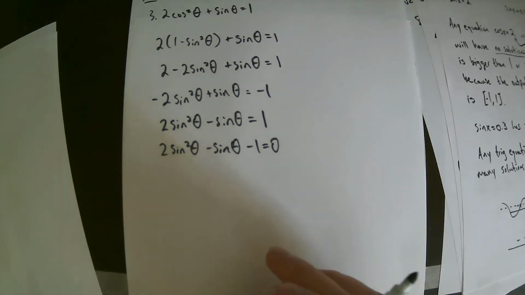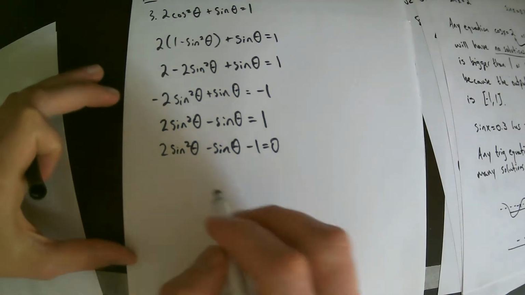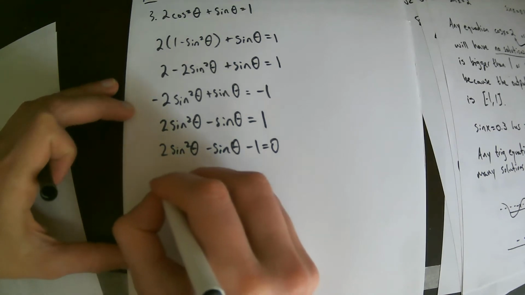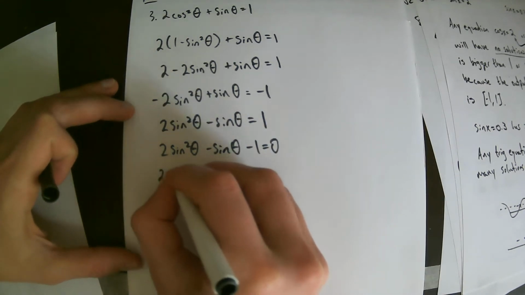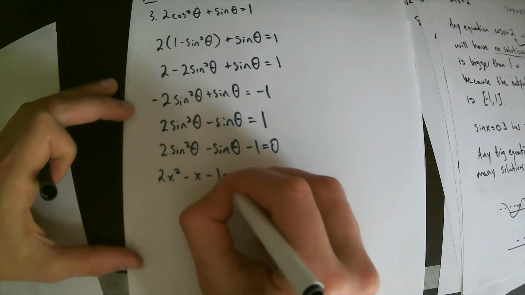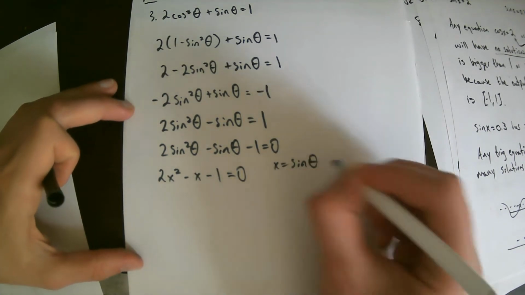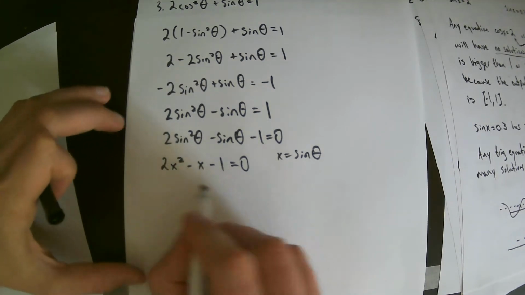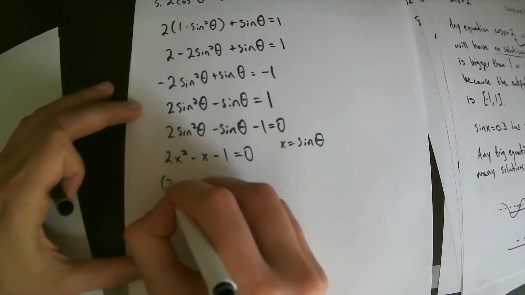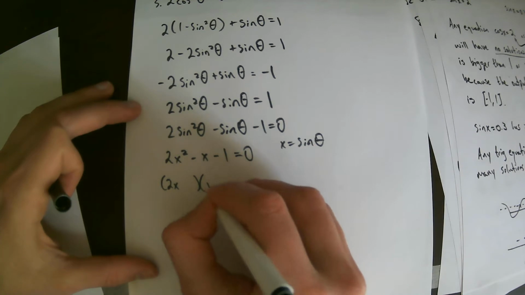Now we need to try to factor this. Well, I could write it in terms of x if that makes it seem easier, so just letting x equal sine theta here. And now I need to factor this somehow, so I'll say 2x and x.